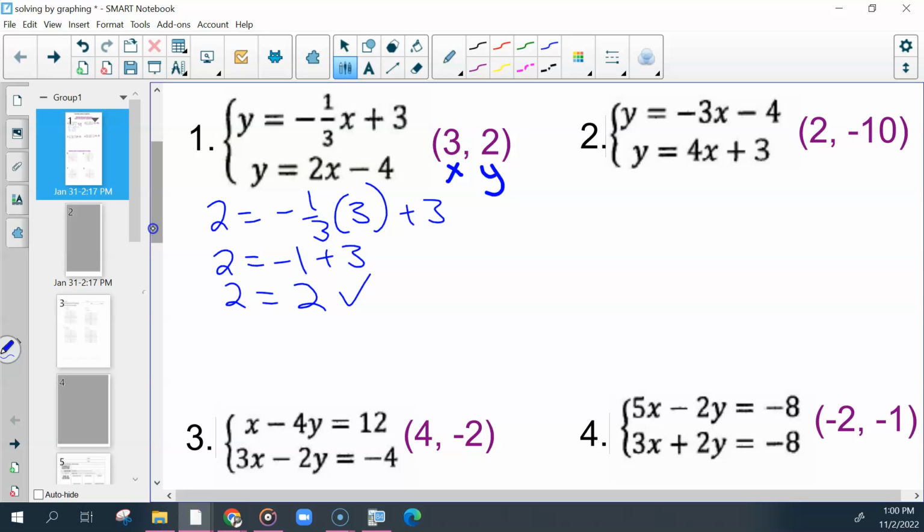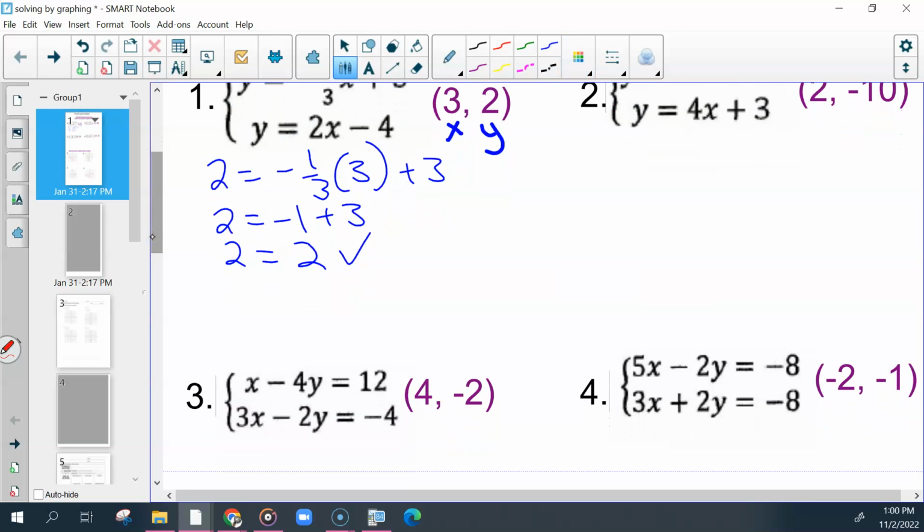So that first one works, but just because the first one works doesn't mean we can assume that the second one works. We have to still double check. So do the same thing, put 2 and 3 into the second equation. And in this case, they both work.